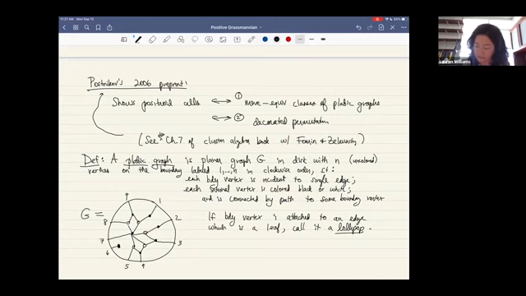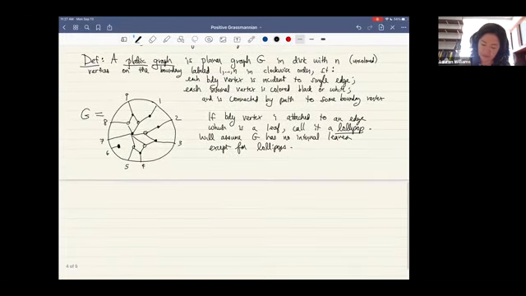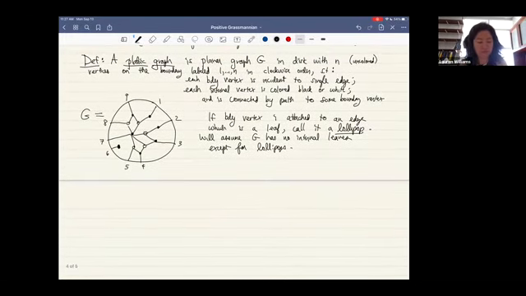And in general, in these talks, we will assume that G has no internal leaves except for lollipops. Okay, so these are the class of graphs that we'll be looking at. And these graphs come with some local moves.